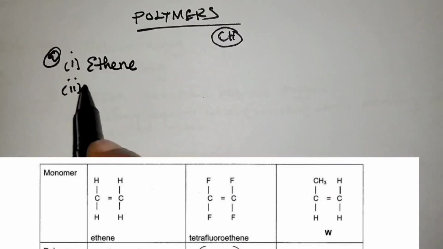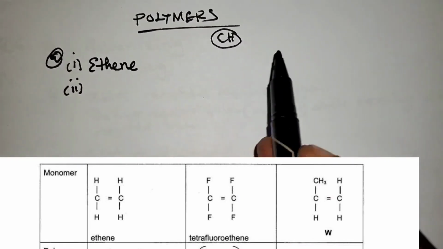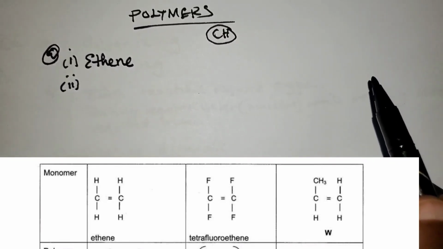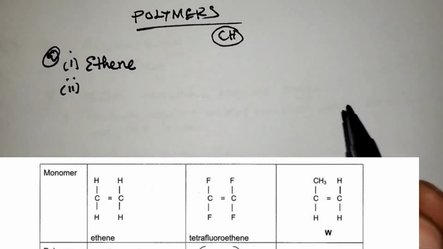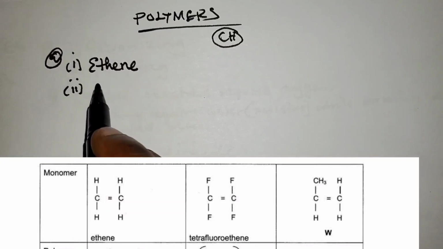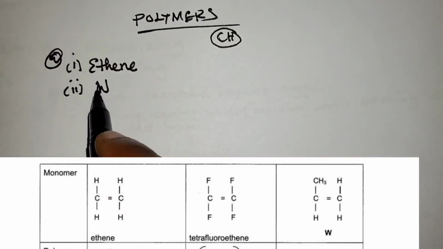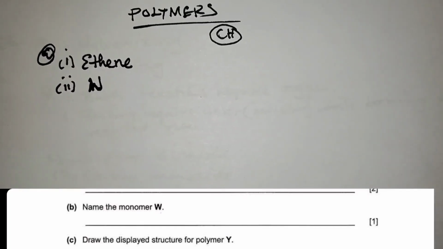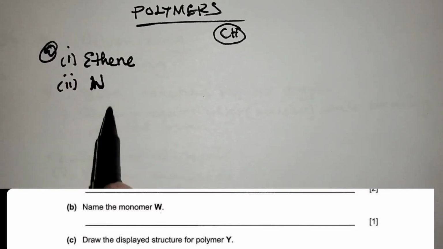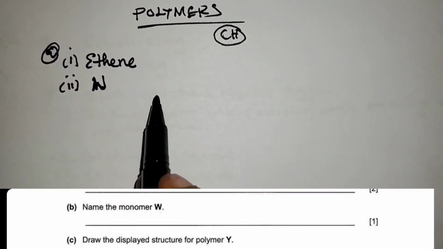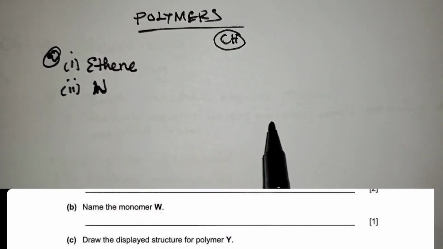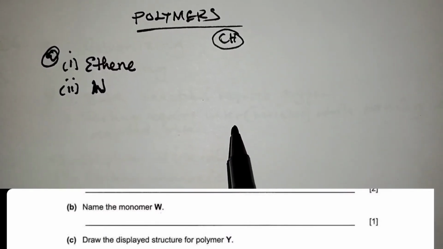The second one is tetrafluoroethene, which has fluorine. Then W has C and H only, so you can say ethene and W. Since they have not told us to name what W is, you can just say W is a hydrocarbon, because there is only carbon and hydrogen.